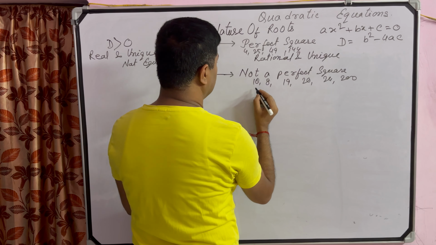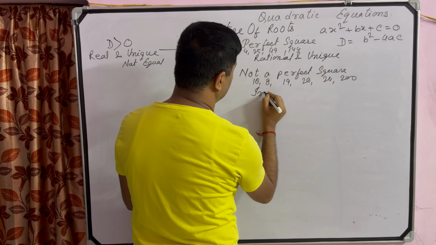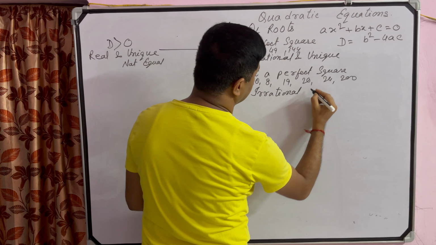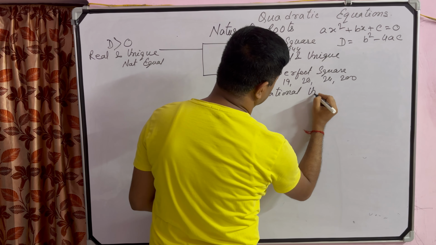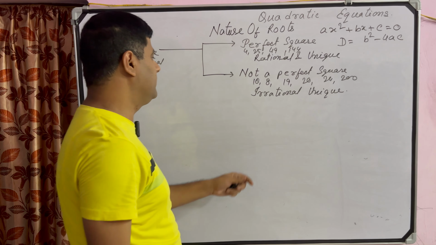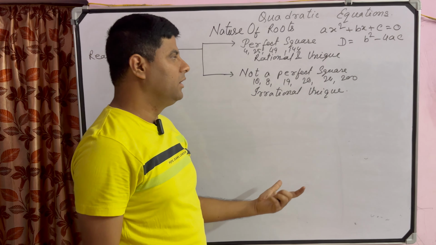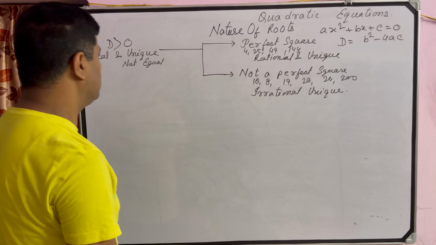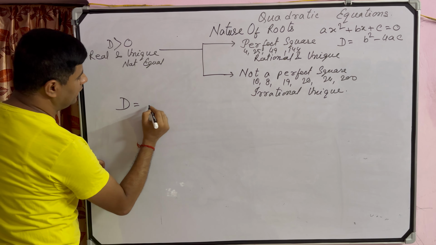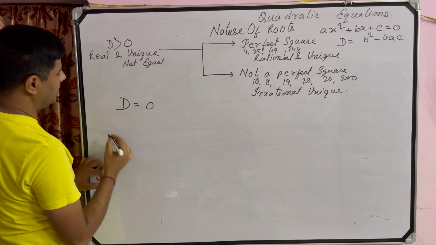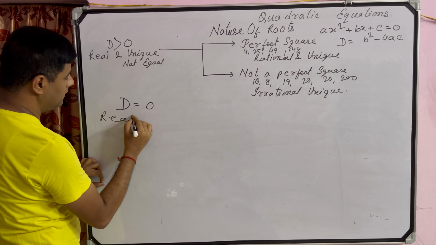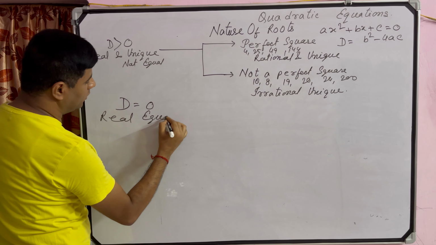Then the result will be irrational numbers, and still they will be unique. Why is it irrational? Because you will get root over 10, root over 8, which you cannot find as an integer.